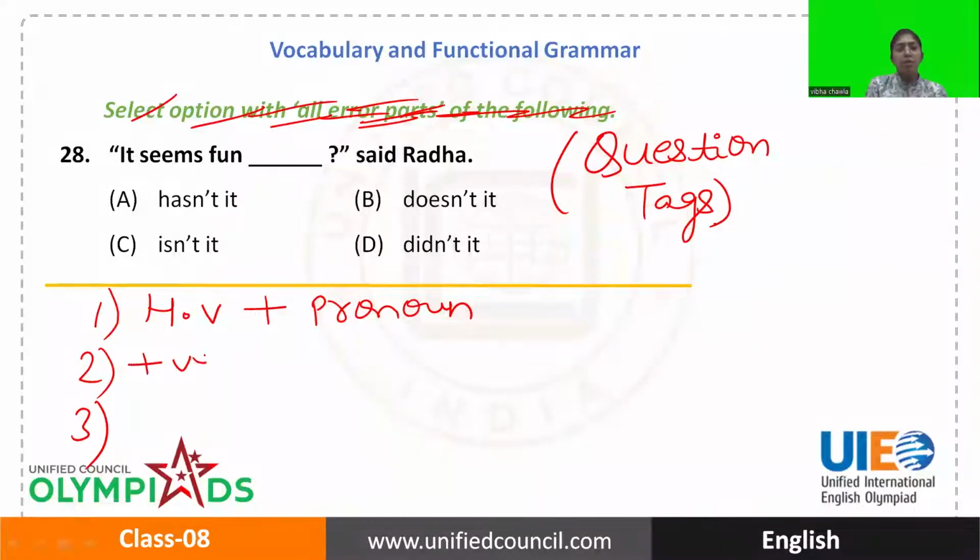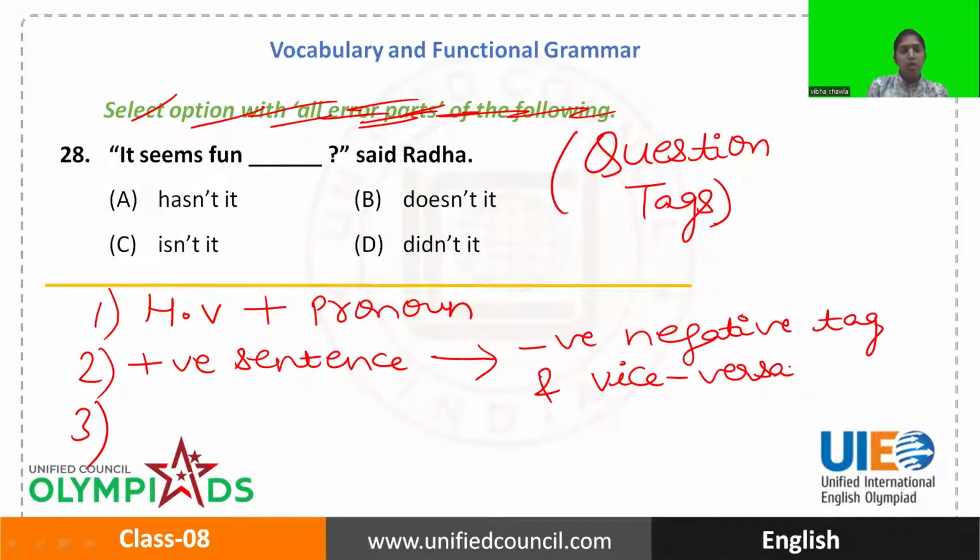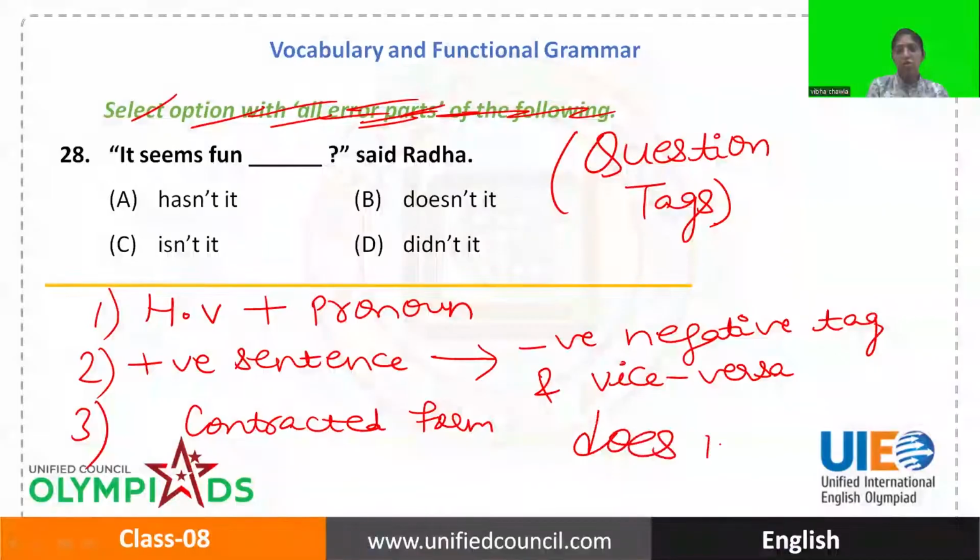Second, whenever we have a positive sentence, question tag is negative, and a negative sentence has a positive question tag, vice versa. Third, whenever we have the negative question tag, it should always be written in contracted form, like given in the options, hasn't, doesn't, instead of writing does not it.